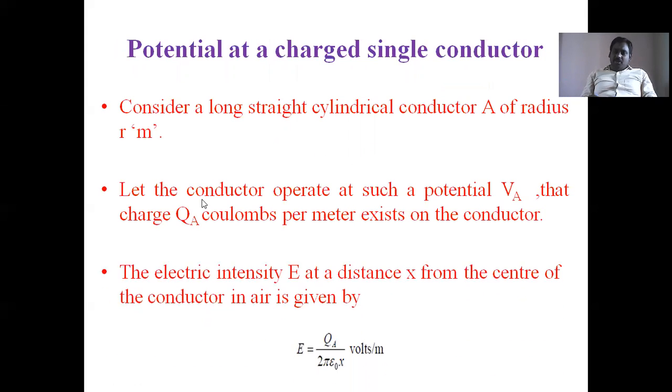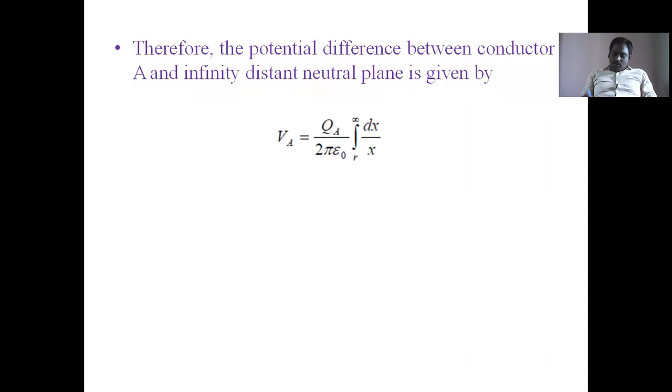Once the V value is known, C equals Q by V. Capacitance means charge stored per unit voltage. Here Q is QA and V is VA, because we determine the capacitance with respect to conductor A or any other conductor.